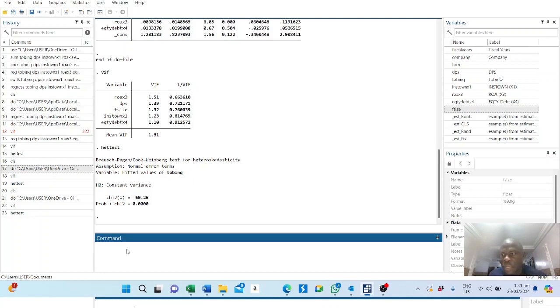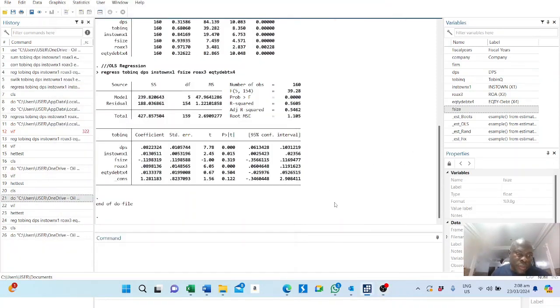That is, it must be greater than the 5% level. But the hettest for this model shows that the p-value is far less than the 5% level. So the conclusion is that our model has a heteroskedasticity issue.